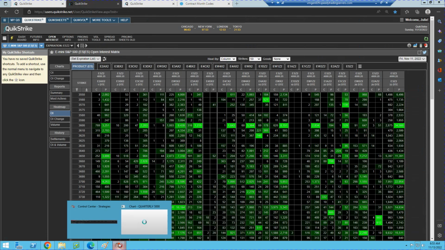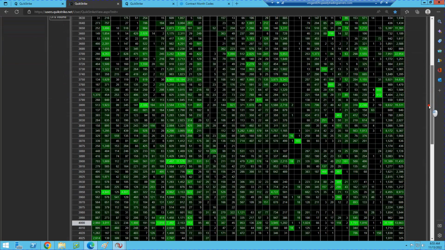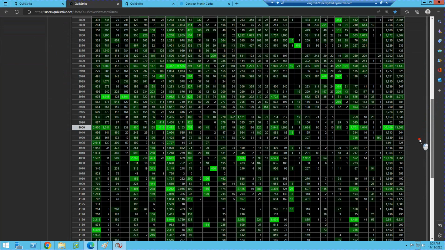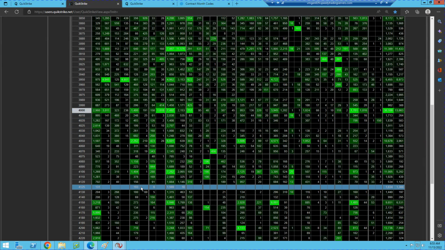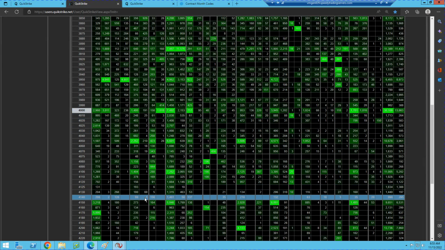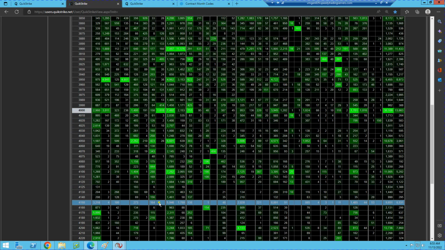I would be looking at 41.55, 41.50, and we can see the highest volume was around 4,000 here, but 41.50 has a good bit. That is a very strong volume level.